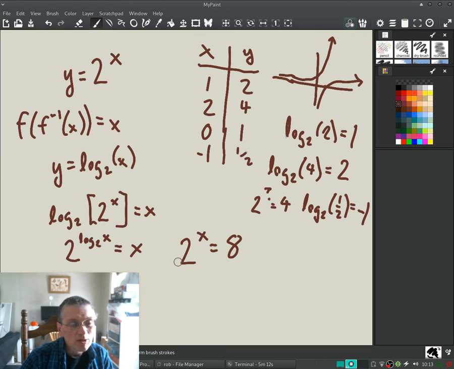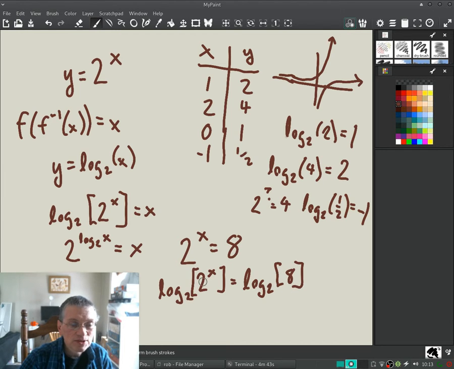We want to take the log base 2 of both sides, because that'll get rid of the 2 to the x. So if I have log base 2 of 2 to the x, I'll put brackets here just to make that clear. That's the same as log base 2 of 8.